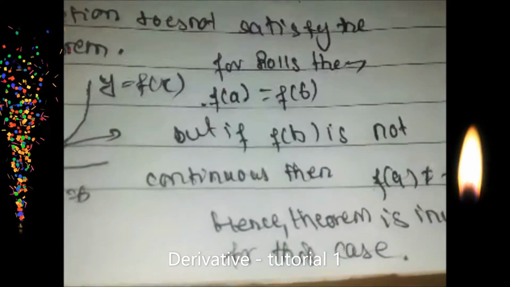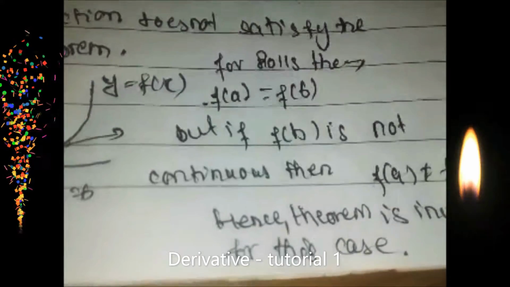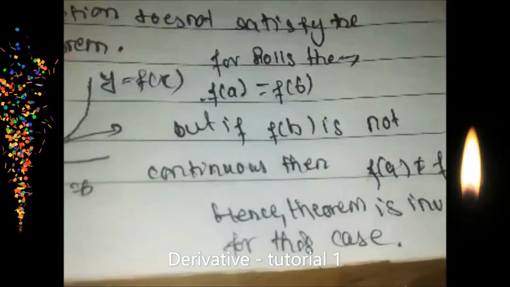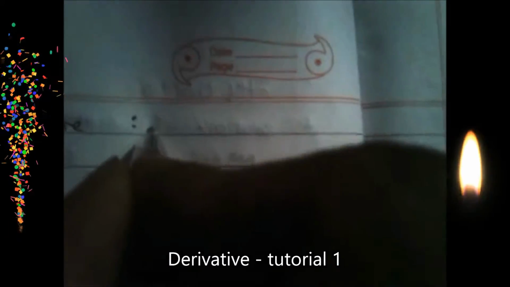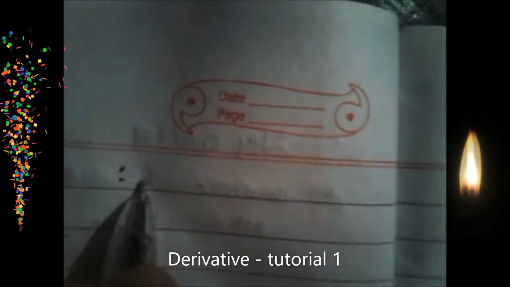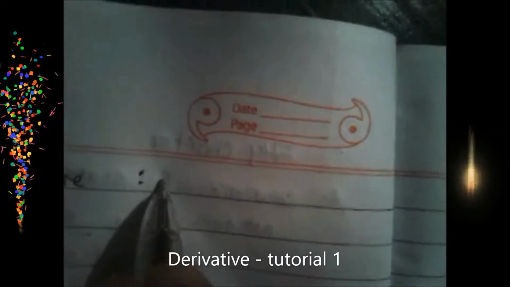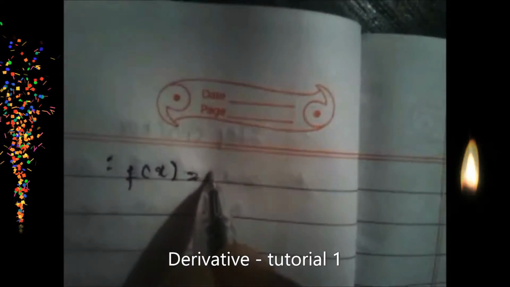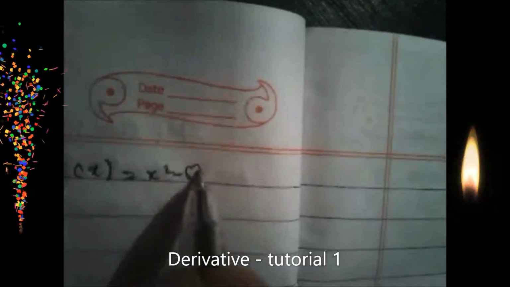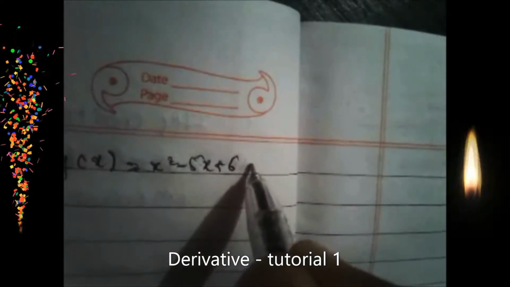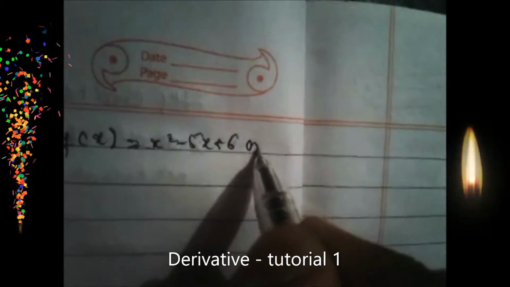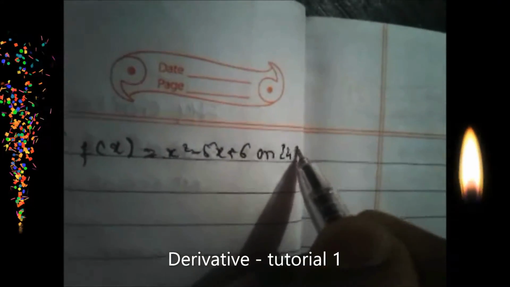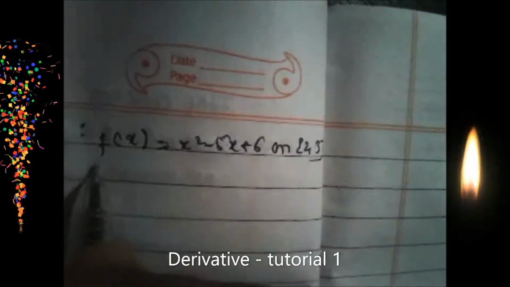Now we move to our next attached question. This is from the same question, and it asks to verify Rolle's theorem. The given function is f(x) = x² - 5x + 6 on [2, 3].